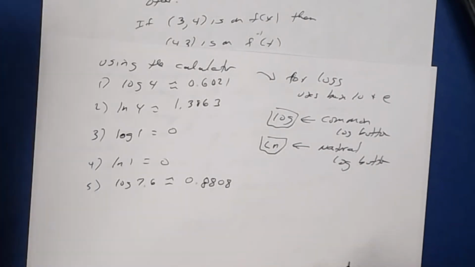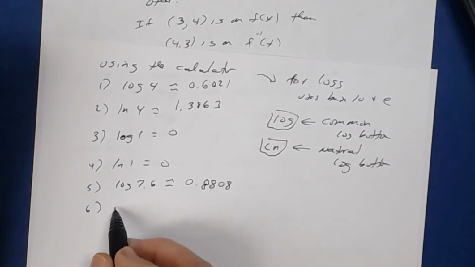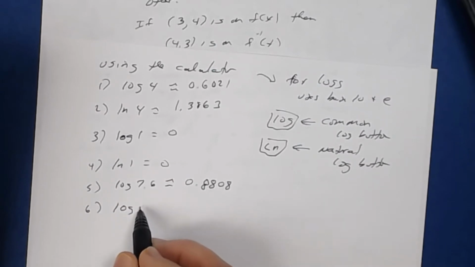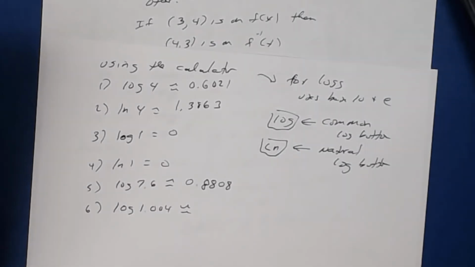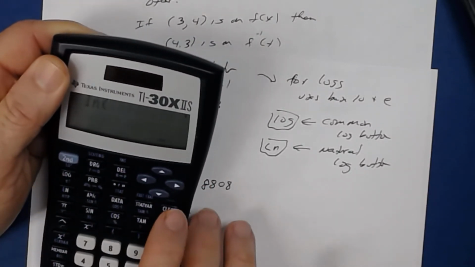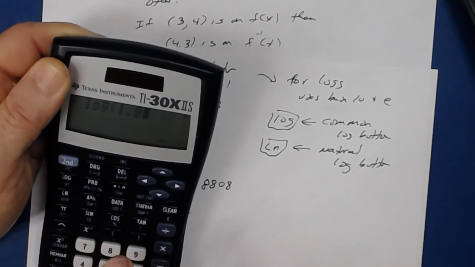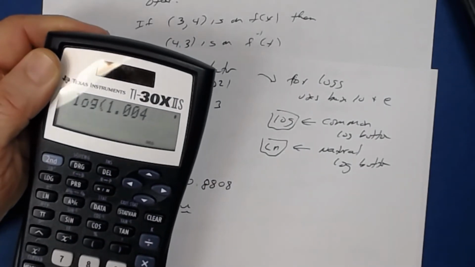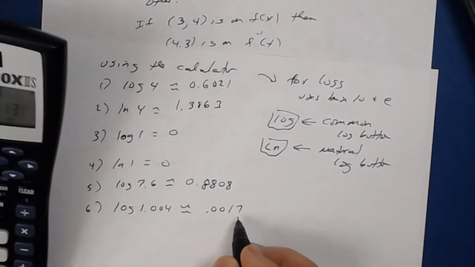What is the log of 1.004? Common logarithm, log 1.004, press equal. That's about 0.0017.